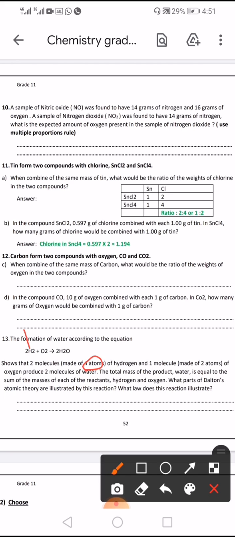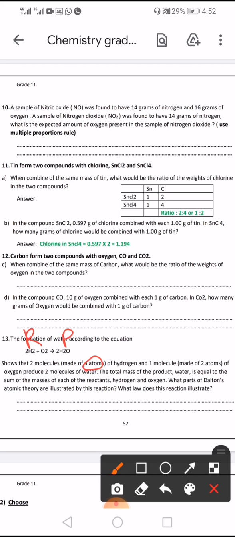So this is the reactant and this is the product. The total mass of product is equal to the sum of the mass of each of the reactants, hydrogen and oxygen. What parts of Dalton atomic theory are illustrated by this reaction? What law does this reaction illustrate?